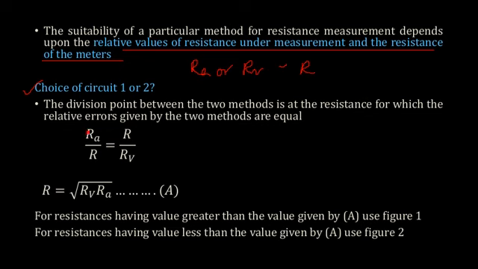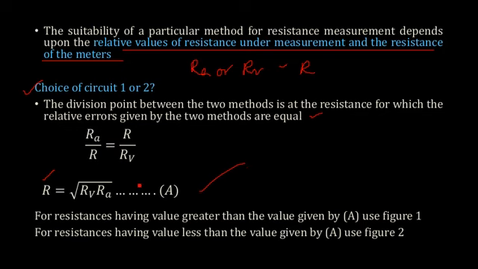The division point comes at a point where the absolute values of relative errors given by the two methods are equal. So that will be given by RA by R equal to R by RV. So you can say that R is equal to the square root of RV into RA.